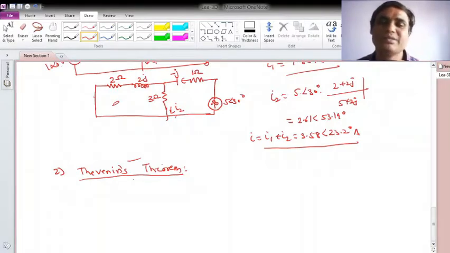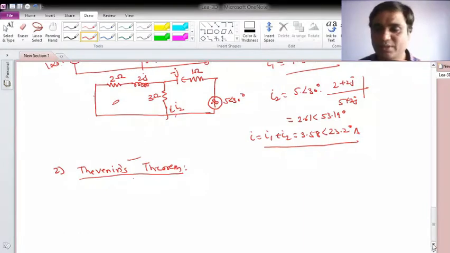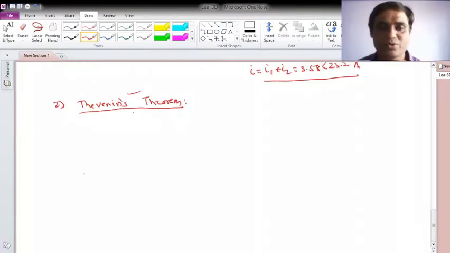I don't want to write the differential equations using mesh and nodal analysis and solve them. Instead of that, I can go with Thevenin's theorem and find it out. Okay. So before going to Thevenin's theorem, let me give you the idea about one theorem which we will be using for the proof of Thevenin's theorem, that is called the compensation theorem.